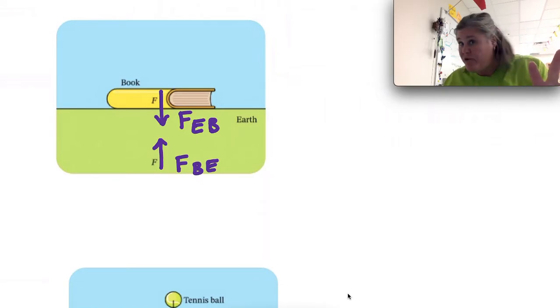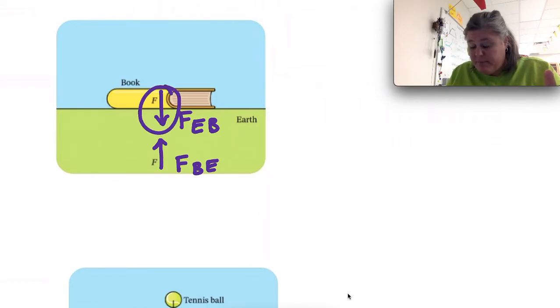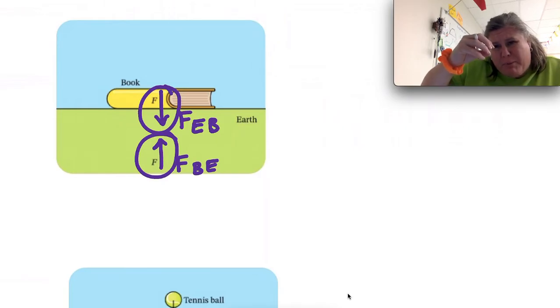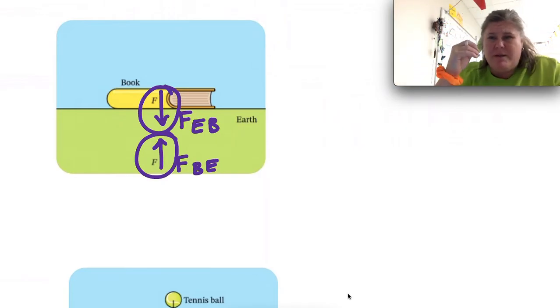They don't balance each other out because this force is on the book, and this force is on the ground or the earth. In this case, I would call those gravitational forces, maybe. You've got the gravitational force of the earth pulling down on the book, and the gravitational force of the book pulling up on the earth. You could also think of it as a normal force.